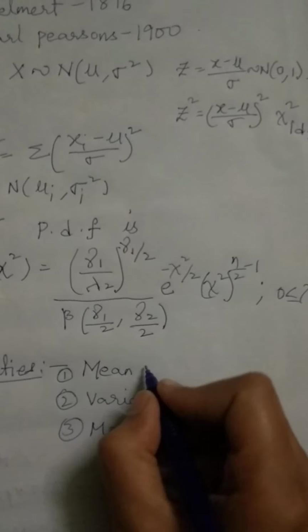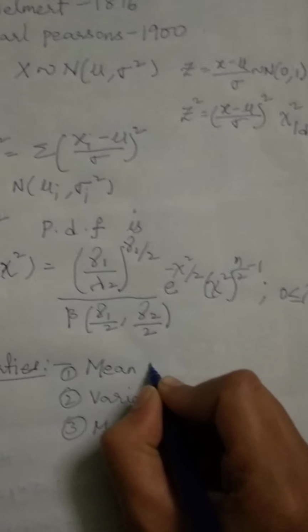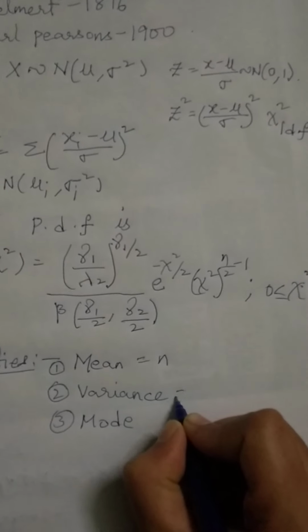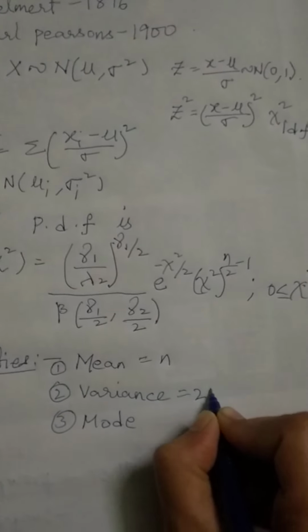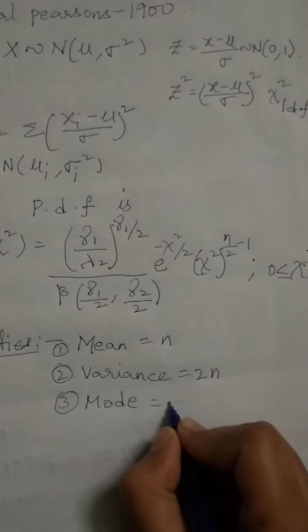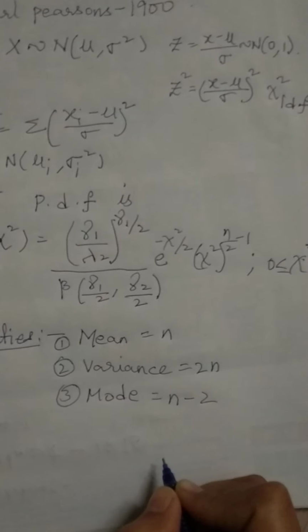The mean of the chi-square distribution is n, the variance is 2n, and the mode is n minus 2.